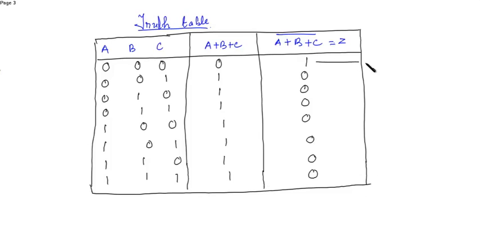So this clearly means that when all the inputs are 0, when A is equal to B is equal to C is equal to 0, then we'll obtain the output as 1. In all other cases, the output will be 0.